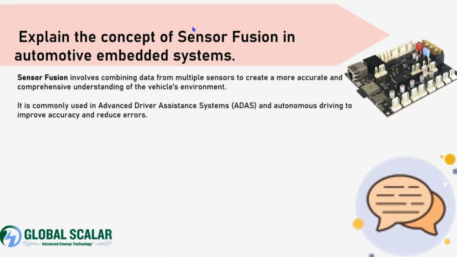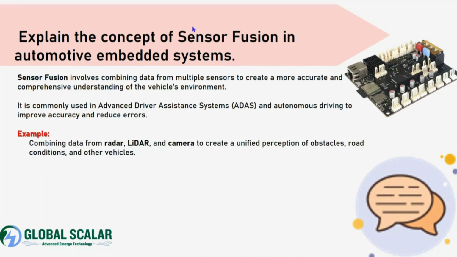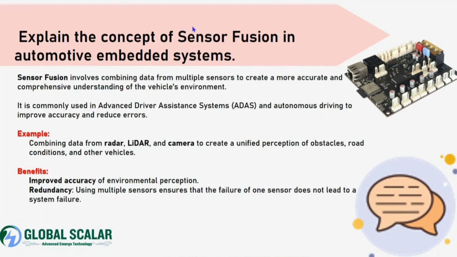It is commonly used in ADAS, advanced driver assistance systems, and autonomous driving to improve accuracy and reduce errors. For example, it combines data from radar, LiDAR, and camera to create a unified perception of obstacles, road conditions, and other vehicles. The benefits are improved accuracy of environmental perception, and redundancy using multiple sensors ensures that failure of one sensor doesn't lead to system failure.